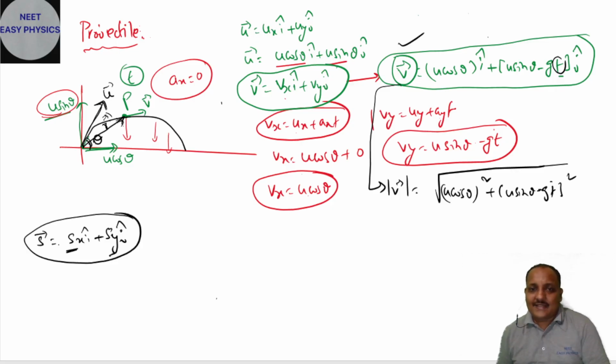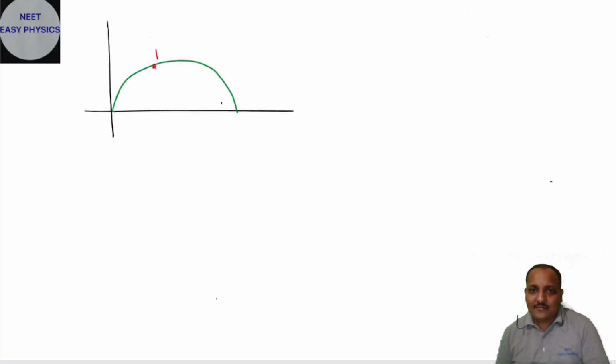Now what are Sx and Sy? In this projectile motion at point P after t time, let us assume the displacement is s bar. Now what is this Sx, and what is this Sy?